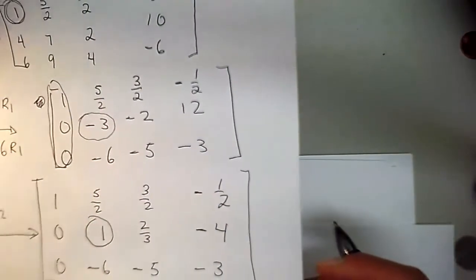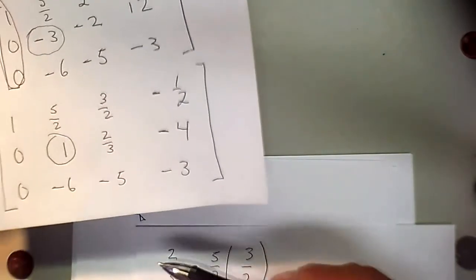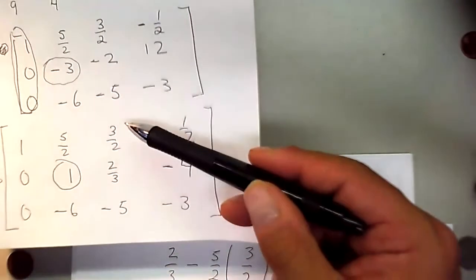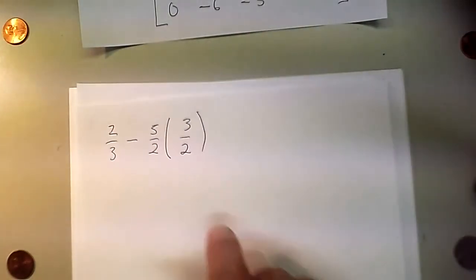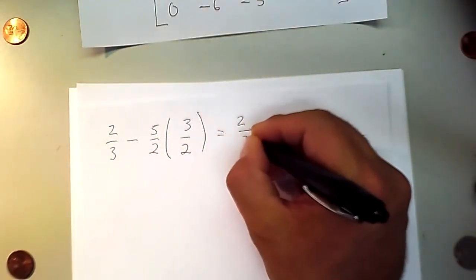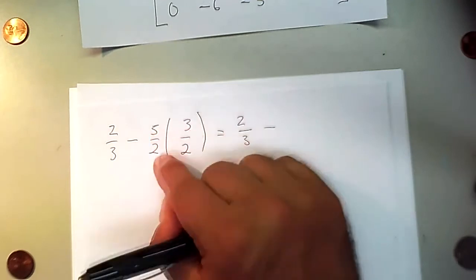Let me see that a little more closely. So 3/2, and we're going to take away 5/2. So 2/3 minus 5/2 of 3/2. Yeah, that's what it is. So that's why I'm going to do this on the side, because this computation is not necessarily obvious. 2/3 minus 15/4.